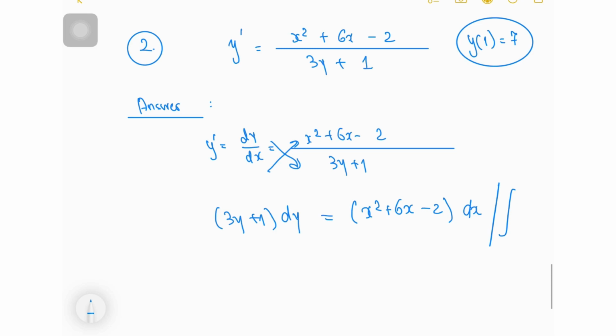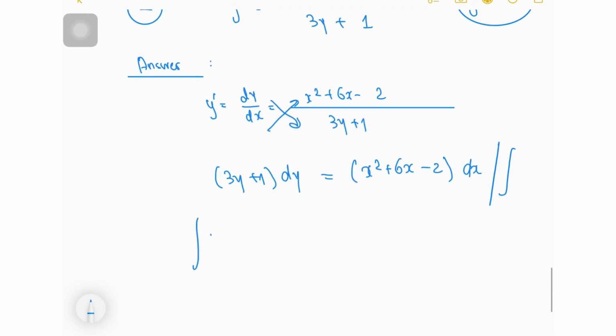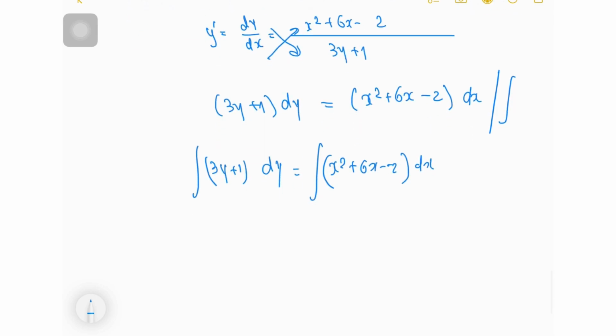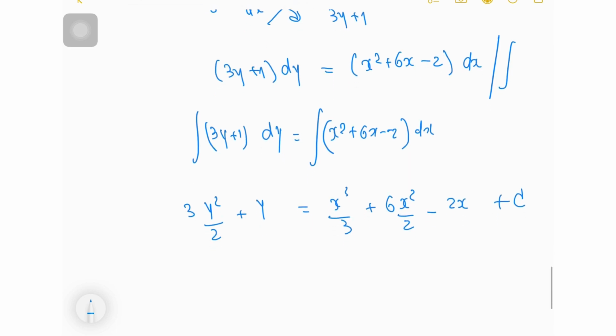Now integrate both sides. Integral of 3y plus 1 dy equals integral of x squared plus 6x minus 2 dx. Now we solve separately, so this is 3y squared over 2 plus y equals x to the power 3 over 3 plus 6x squared over 2 minus 2x plus c.